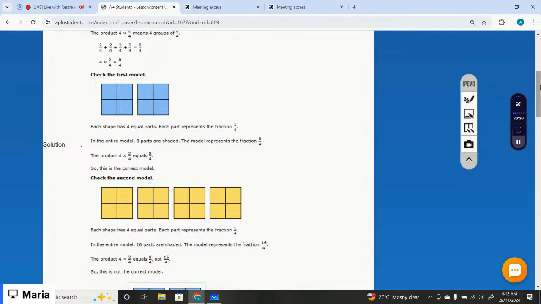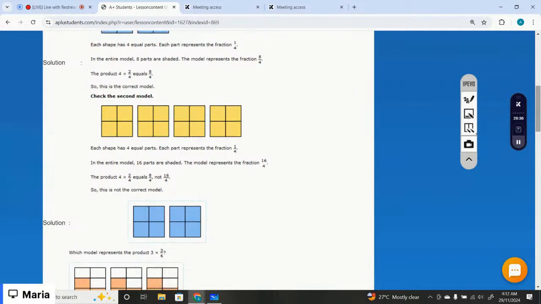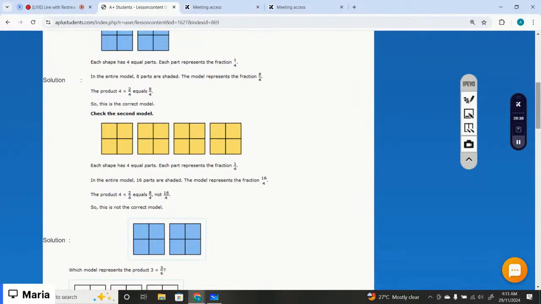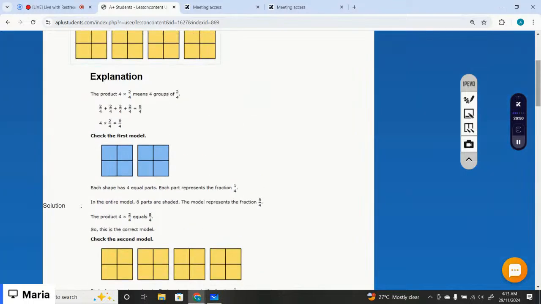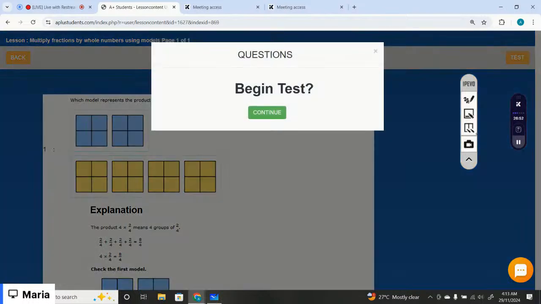So each shape has 4 equal parts. Each part represents the fraction 1 by 4. Let's just start with the test questions. They are already solved.